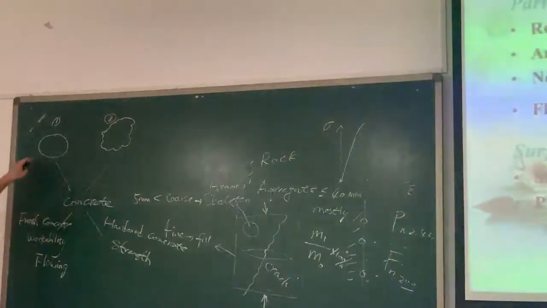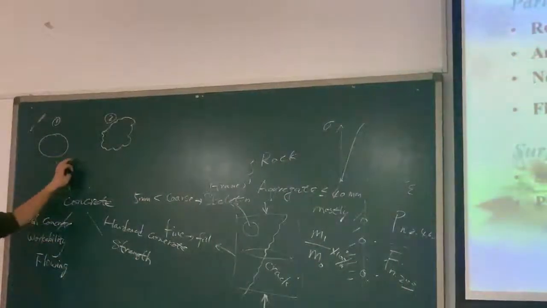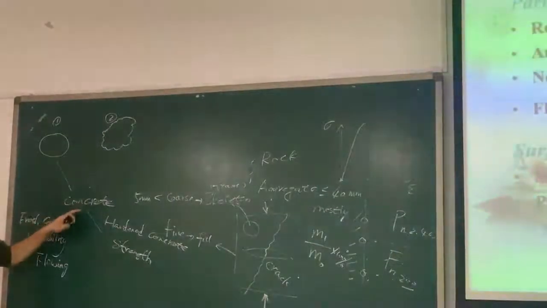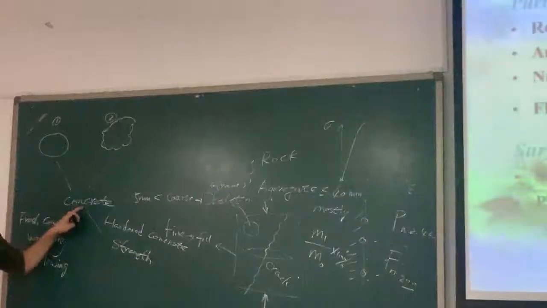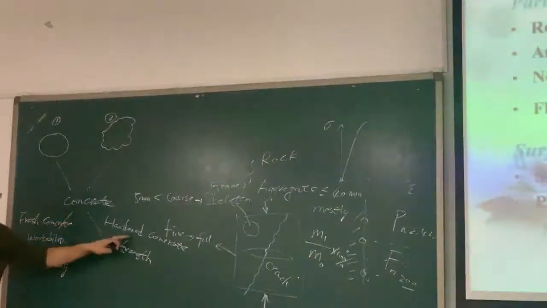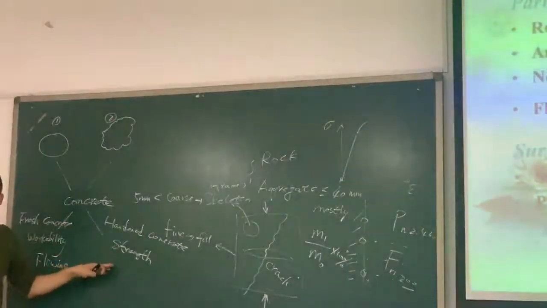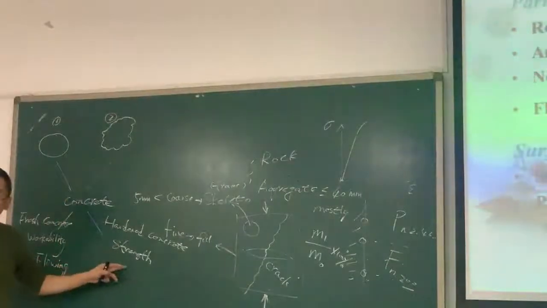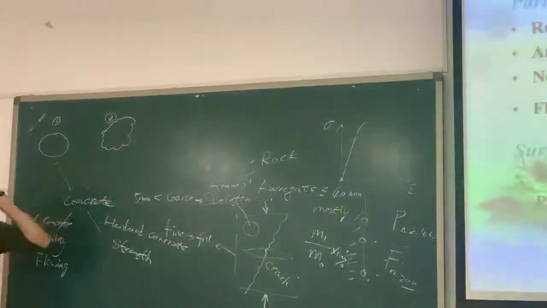So, if we use these two kinds of aggregates to construct the concrete, for the hardened concrete, which one is better? Which one can get better or bigger strength? Which one? Two.